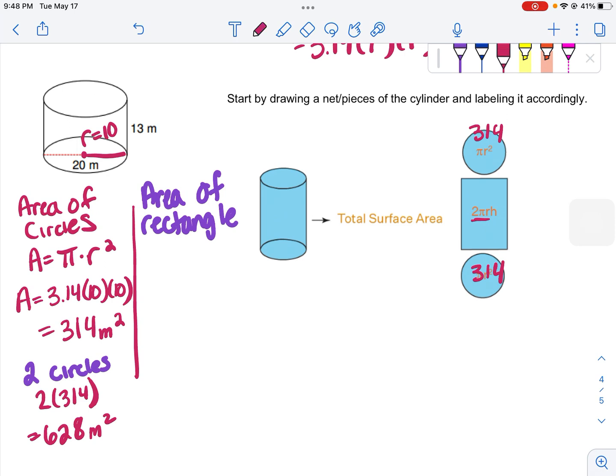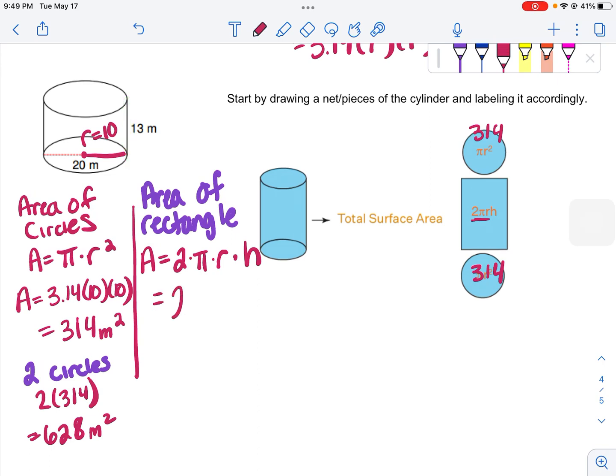So the area of the rectangle is going to be the circumference. It is base times height for a rectangle, but the base is the circumference. You do 2 times pi times r, and then you take it times the height of the cylinder. And in this question, the height of the cylinder would be what? It would be right here, the 13 millimeters.